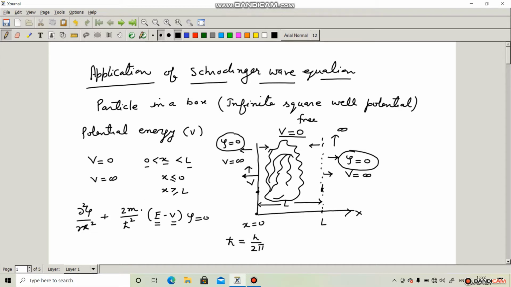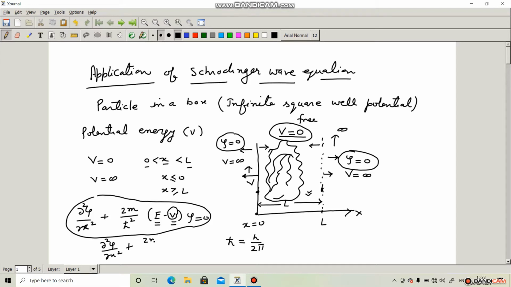In this Schrodinger equation, we apply the condition inside the box where V equal to 0. So if we apply this Schrodinger wave equation inside the box, V becomes equal to 0 and the equation becomes del 2 psi upon del x square plus twice m upon h cross square E psi equal to 0, as V becomes 0.